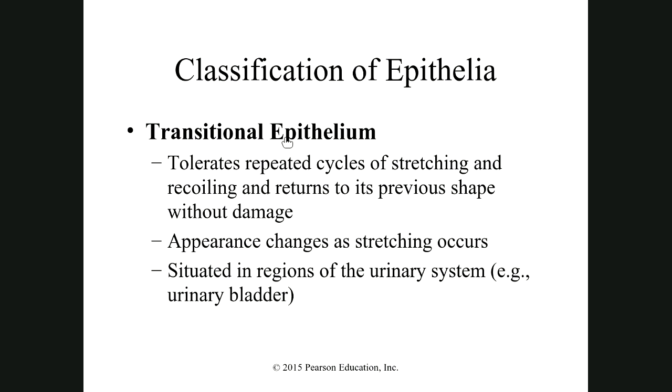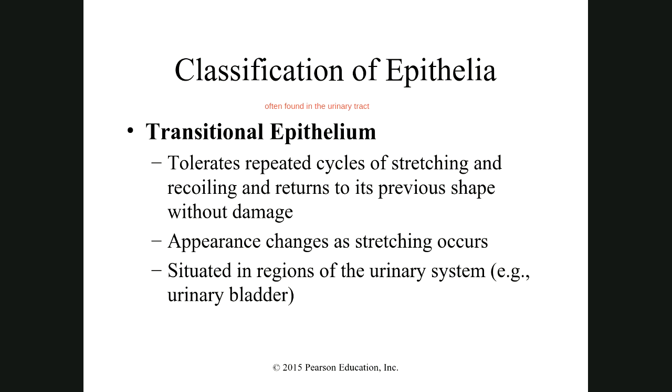Okay. Transitional epithelium. Now, transitional epithelium is often found in the urinary tract, like the ureter and the urinary bladder. Urinary bladder is a good one.